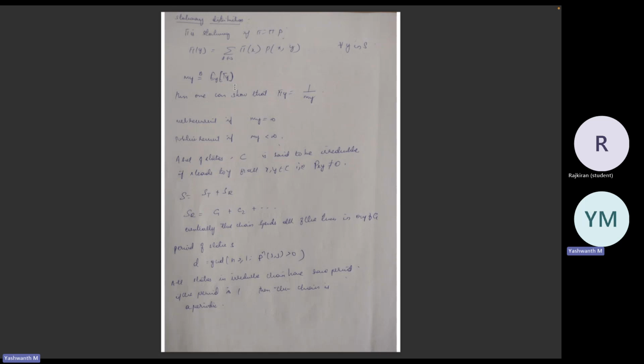Okay, so a stationary distribution exists when your chain has to be aperiodic, your chain has to be irreducible, and your chain has to be positive recurrent, right? Only then you have this distribution, at least for a finite set of states.